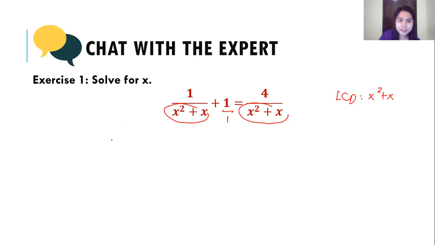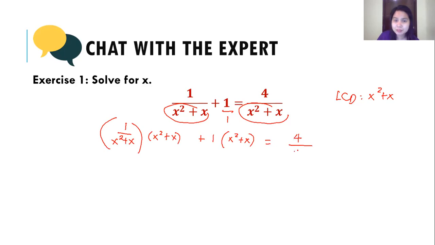So we have the first one. Multiply it by x squared plus x. The second one, multiply it by x squared plus x equals the last expression. Multiply it by x squared plus x.